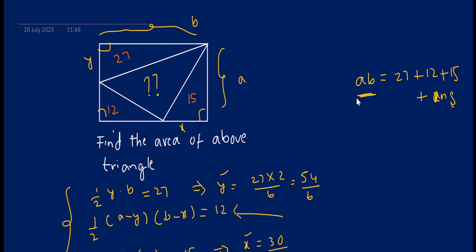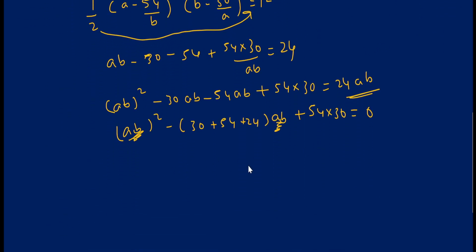So if you know the value of AB, you can substitute it in this equation and get the value of answer. That's the significance of AB in this problem, because AB is not just some value, it is the area of the rectangle. We can substitute that in this equation, which we got by using the fundamental principle of summation of areas. Substitute AB, you will get the answer. That's the beauty of AB here. So let's solve this quadratic equation and get the value of AB.